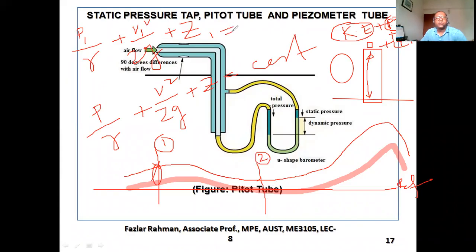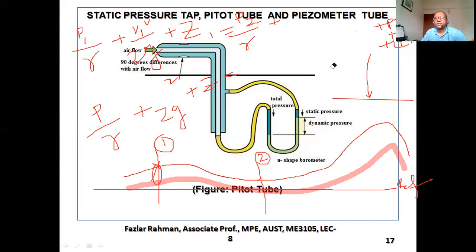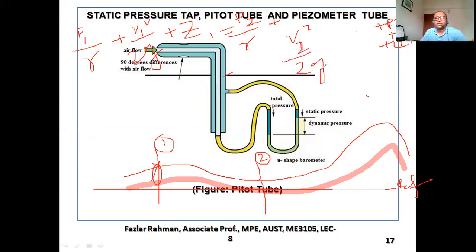Then this will be equal to P2 by gamma, plus V2 square by 2g, plus Z2, right?